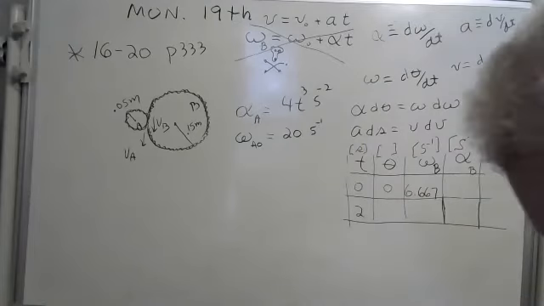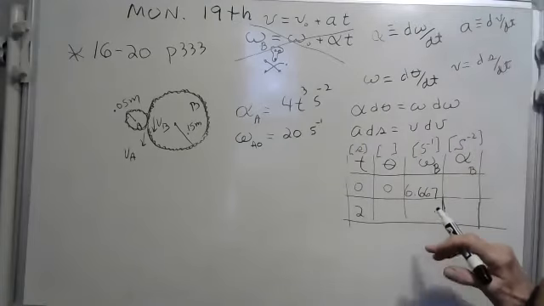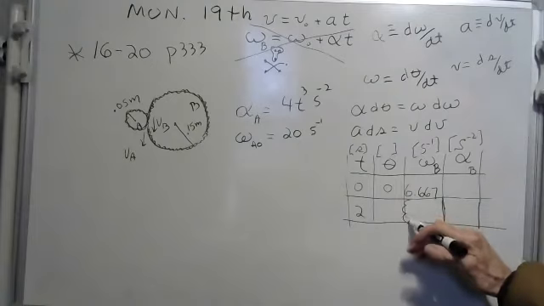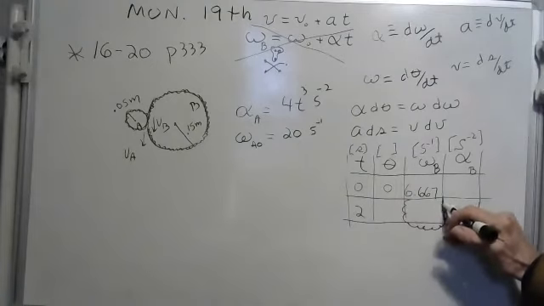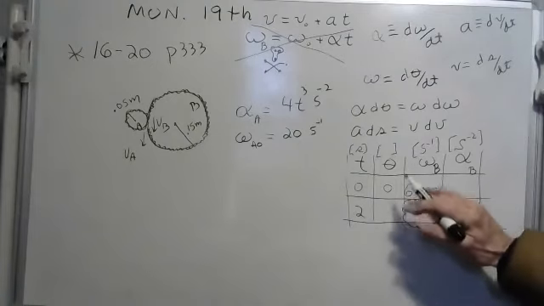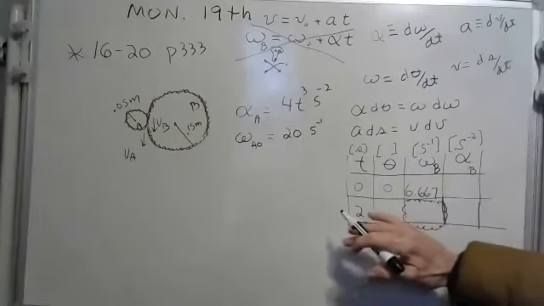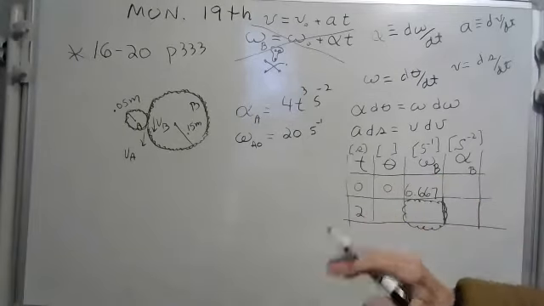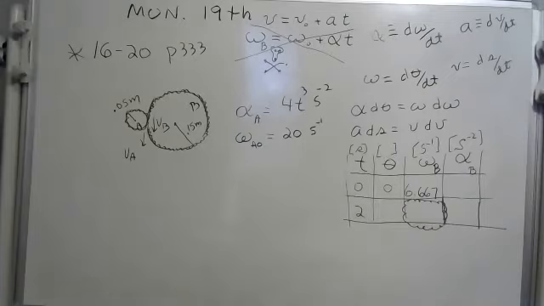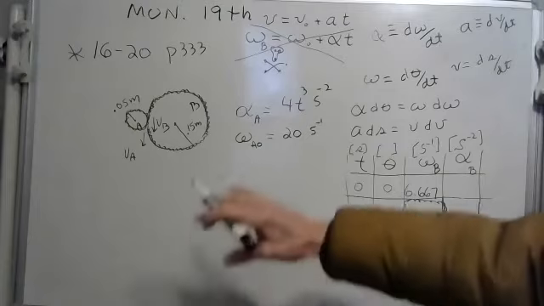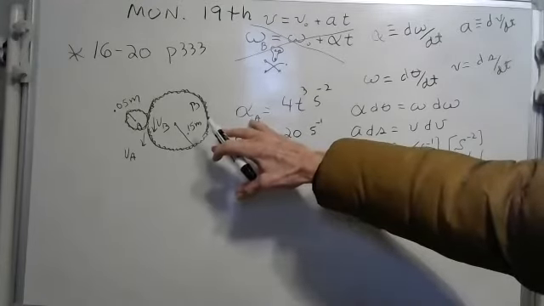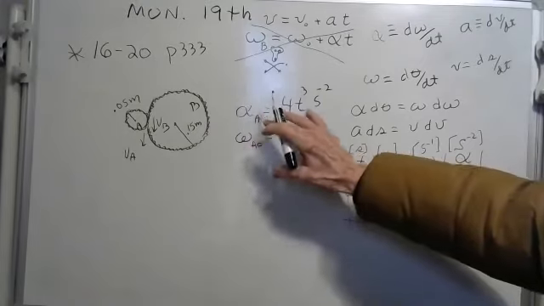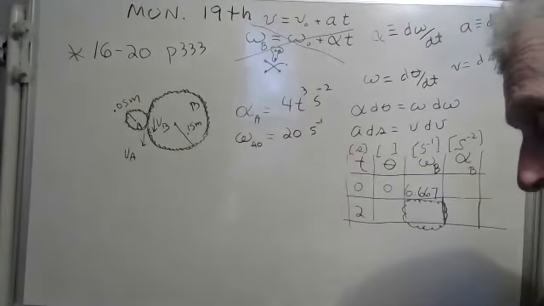They want us to find this. Here, we'll put a little misty cloud right here. They're asking us to find the angular velocity when t is 2 seconds. Okay. Well, the angular acceleration of A is this here, but what's B? Let me think about this.